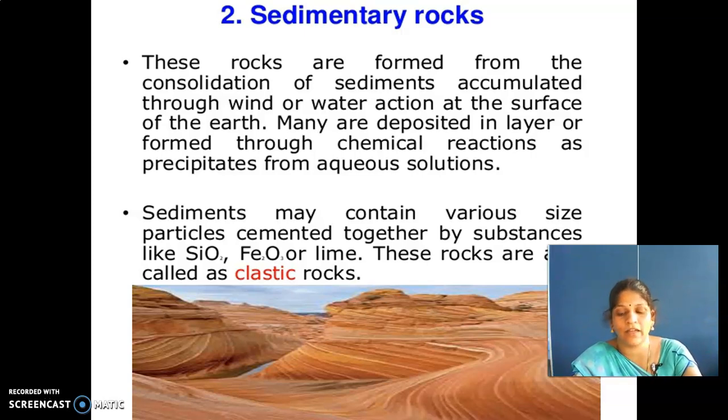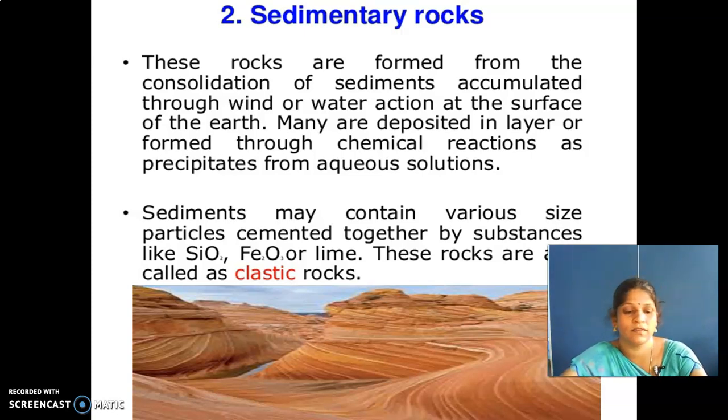The sediments are transported and deposited by wind, water, etc. These loose sediments are compressed and hardened to form layers of rocks. These types of rocks are called sedimentary rocks. A good example is sandstone, made from grains of sand. These rocks may also contain fossils of plants, animals, and other microorganisms that once lived on them.